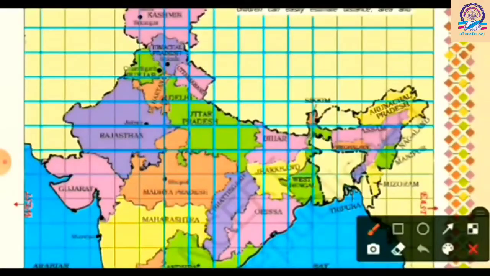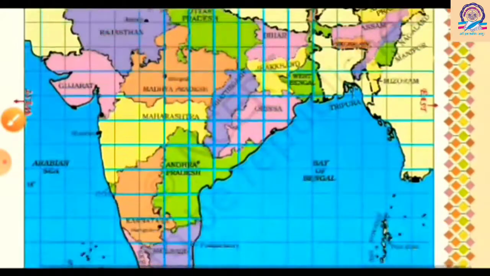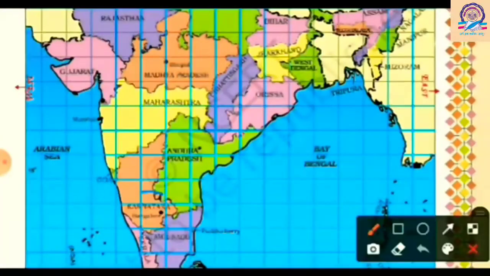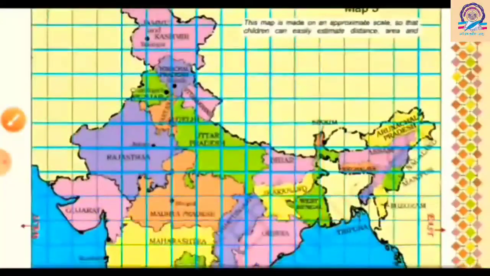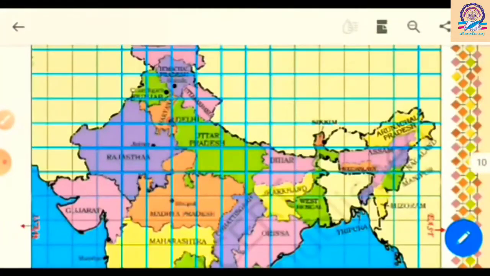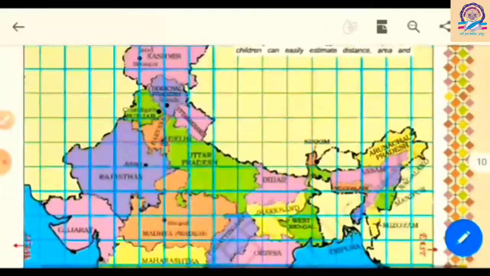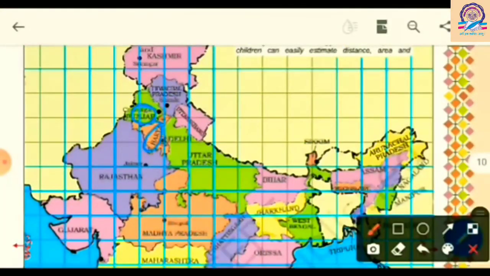Now let's see the states which the children are talking about. Here it is Tripura, and on the south side it is Karnataka, and in the north of India we have Punjab, as you can see here. Here it is Punjab, Haryana, and here is Uttarakhand.